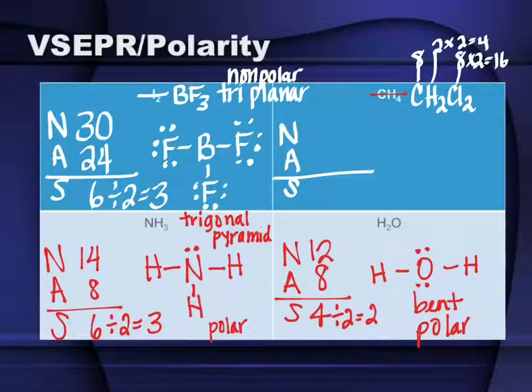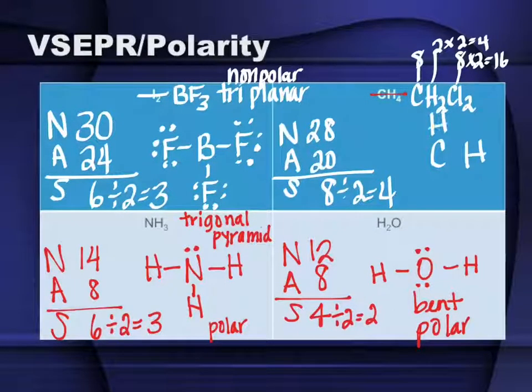28. How many are available? Just go to the valence electrons and see how many are there. So we have 14, 20. So left over is 8. We divide it by 2. How many bonds do we have? 4. Who goes in the middle? Carbon.